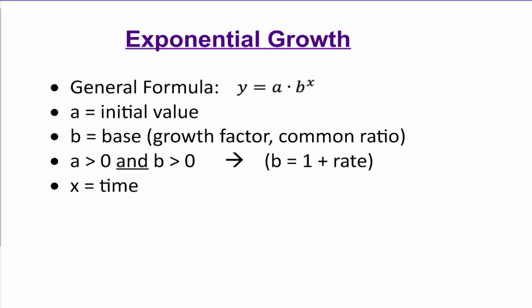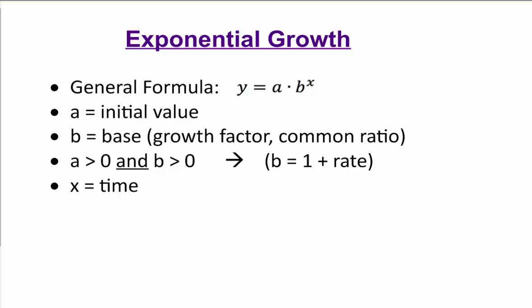First, we're going to look at exponential growth. When looking at growth, we have our general formula, which is y equals a times b to the x, just like it is all the time. Our initial value is a. Our b value is the base, or the growth factor in this situation, which is also called the common ratio.